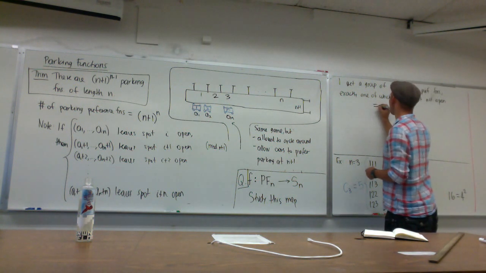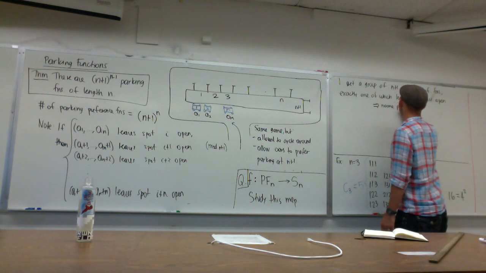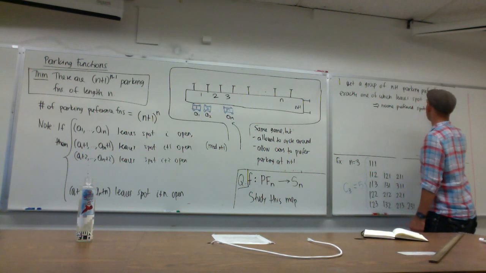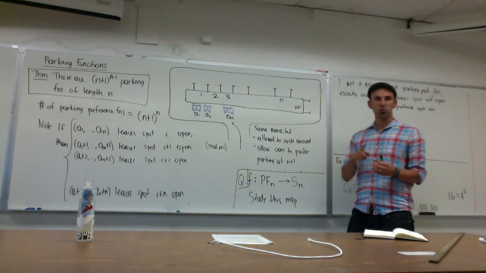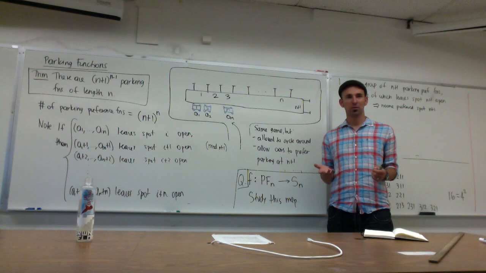So if nobody preferred spot n plus 1, okay? Which means that the parking preferences were between 1 and n. But now the question is, okay, but I changed something else in the rules, which is that I am allowed to cycle around. So did anybody cycle around?